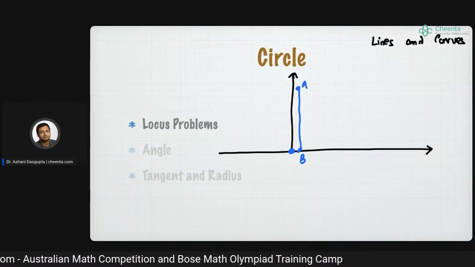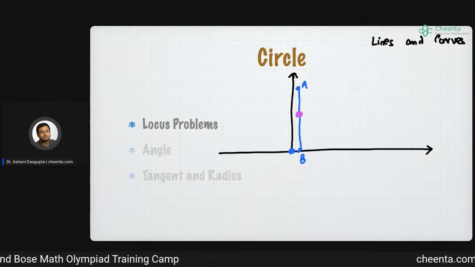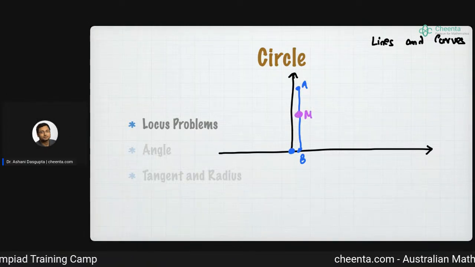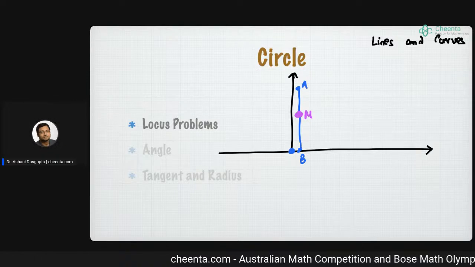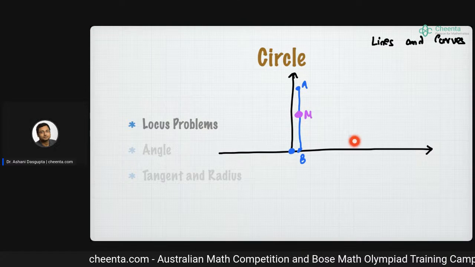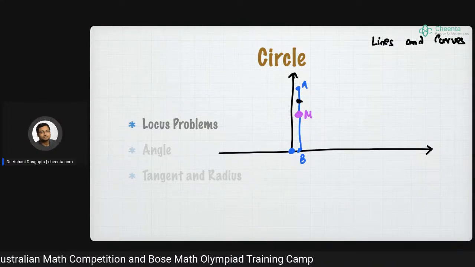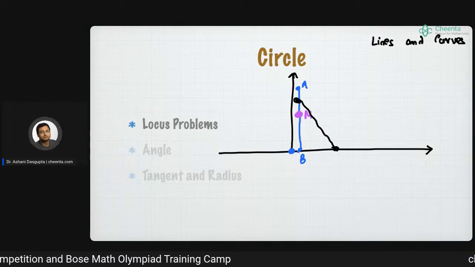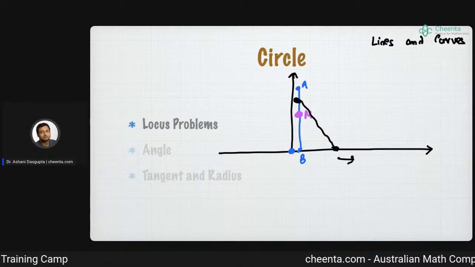Maybe you have seen this problem. I have discussed it in some classes, I guess. So you look at the midpoint of the ladder M. Now imagine that this ladder is sliding along the x-axis, along the floor.